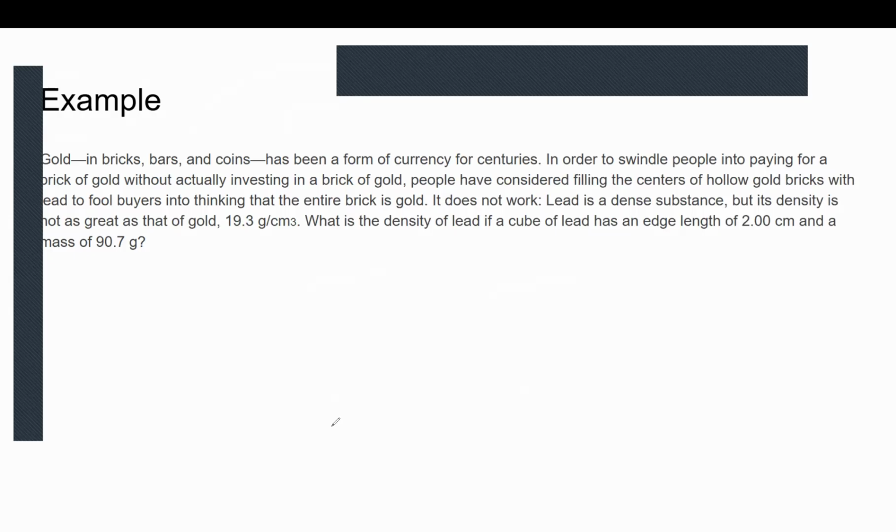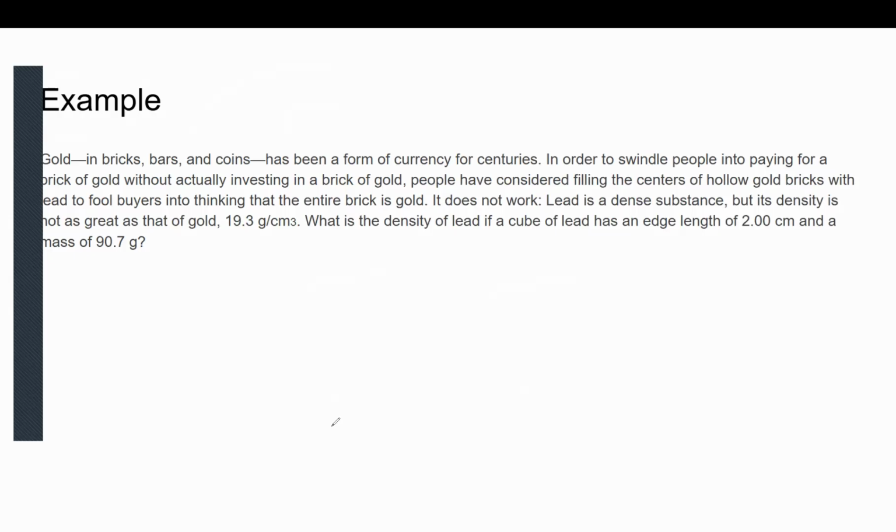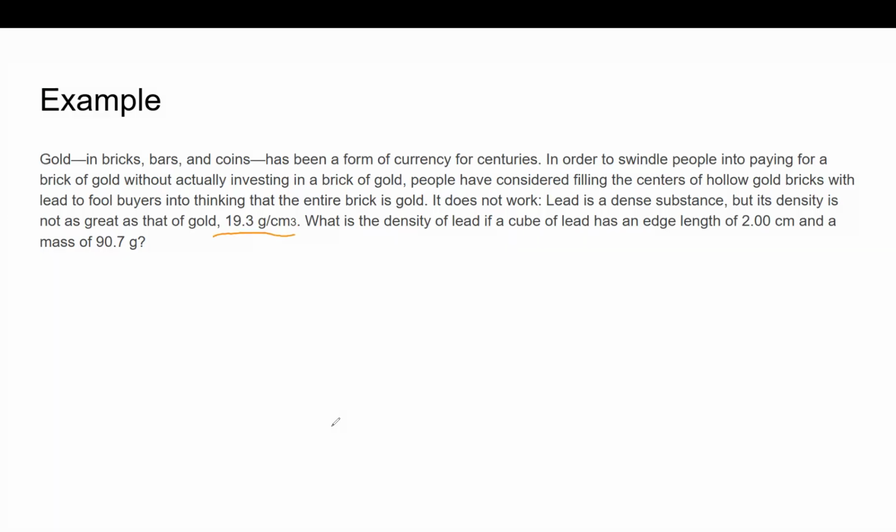In order to swindle people into paying for a brick of gold without actually investing in a brick of gold, people have considered filling the centers of hollow gold bricks with lead to fool buyers into thinking that the entire brick is gold. It doesn't work because lead is a dense substance, but its density is not as great as that of gold, which has a density of 9.3 grams per cubic centimeter.